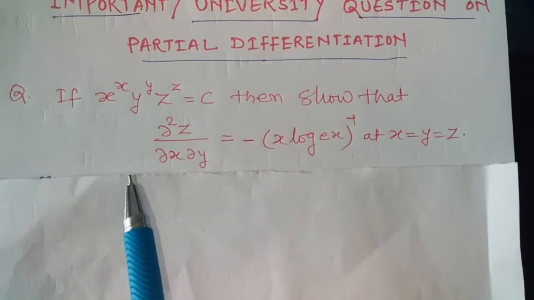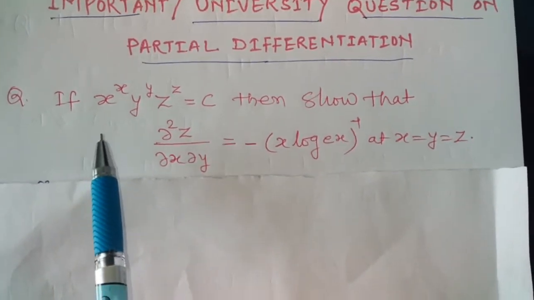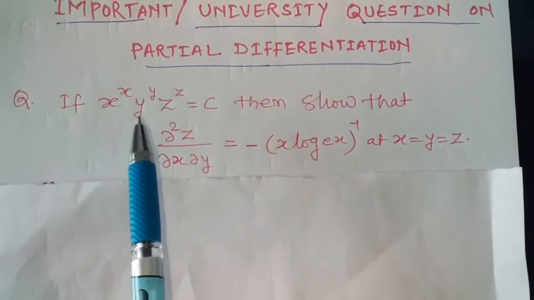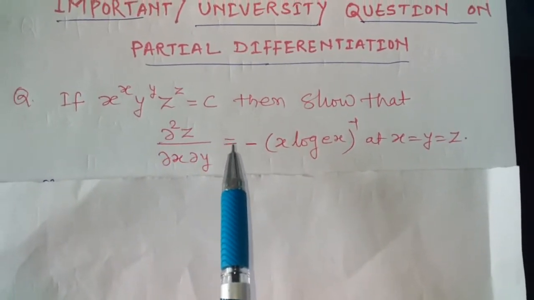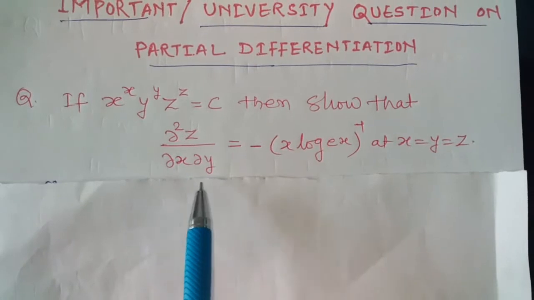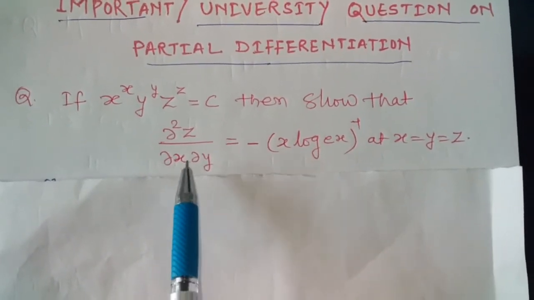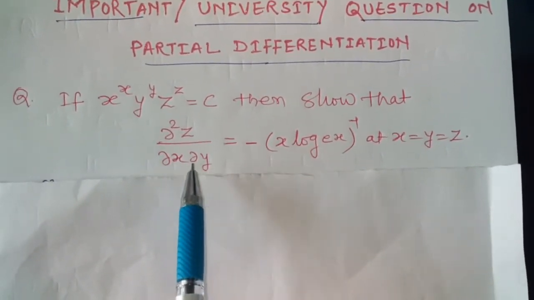So in this example, we are given x^x · y^y · z^z = constant, and we have to find the second order partial derivative of z with respect to x and y.